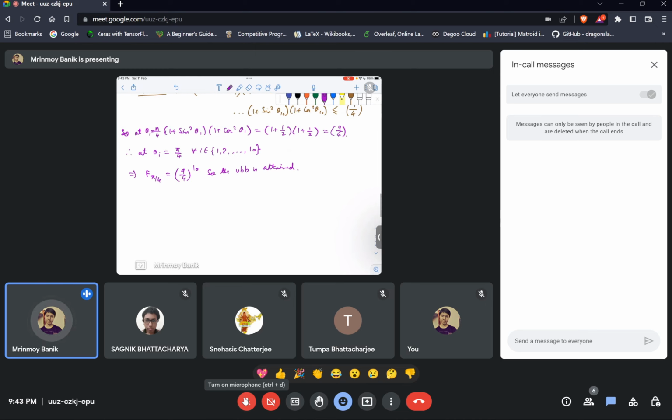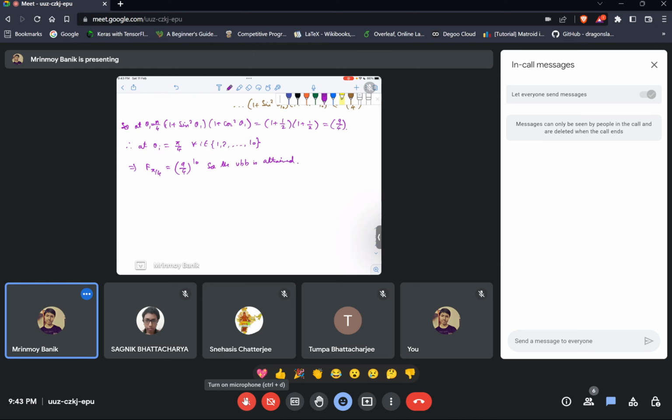The next inequality. So we have cos squared theta i plus sine squared theta i equals 1, right? So we can try to use AM-GM maybe.